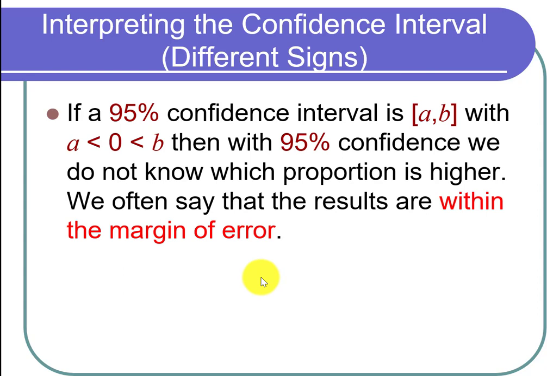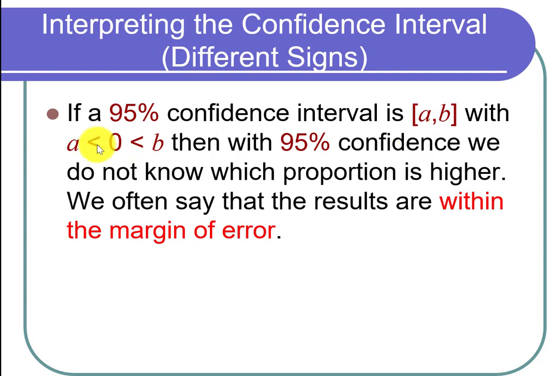If they're different signs, so if you conduct a study between two different proportions and you find a 95% confidence interval, say, where you get A to B, and A is negative and B is positive, then with 95% confidence, we don't know which proportion is higher.